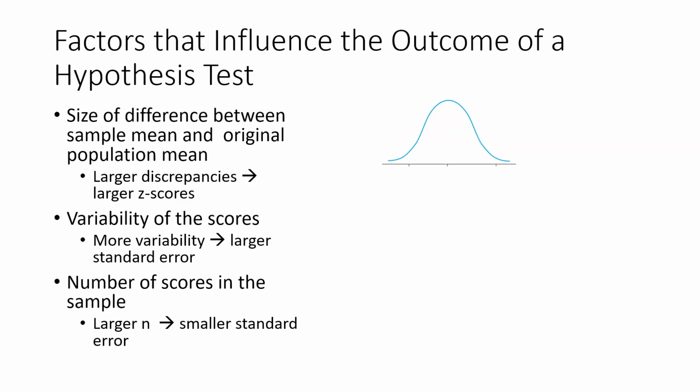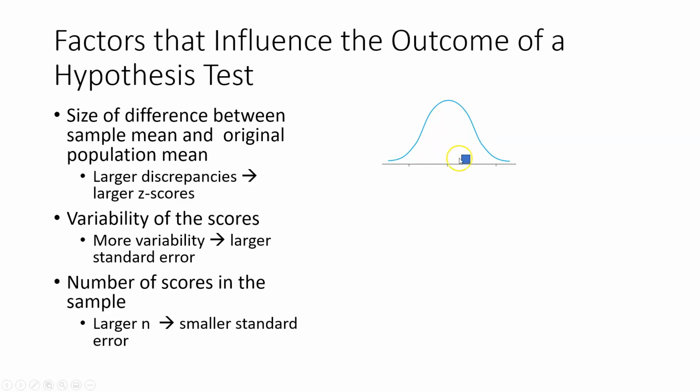The size of the difference between the sample mean and the original population mean will influence how able you are to reject the null hypothesis. If you have larger discrepancies, then you'll have larger z-scores. Like in this case, the sample mean is very close to the population mean.